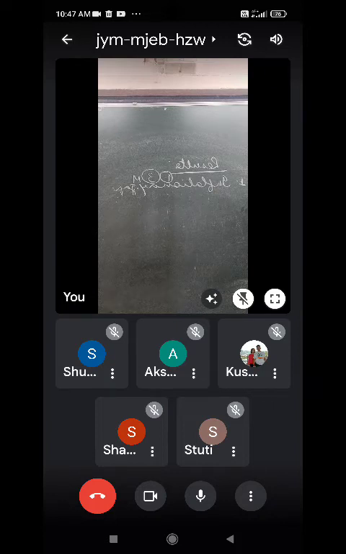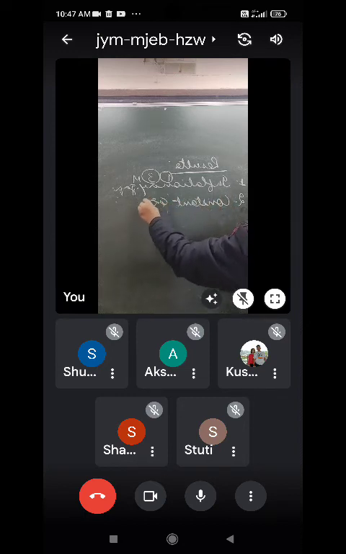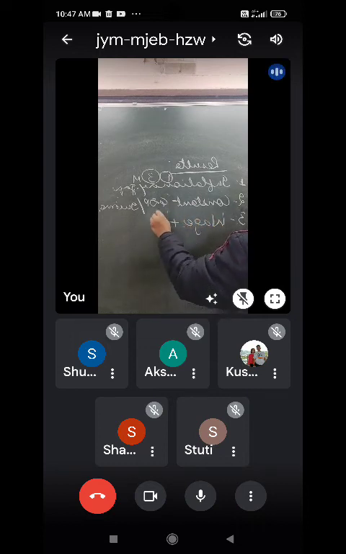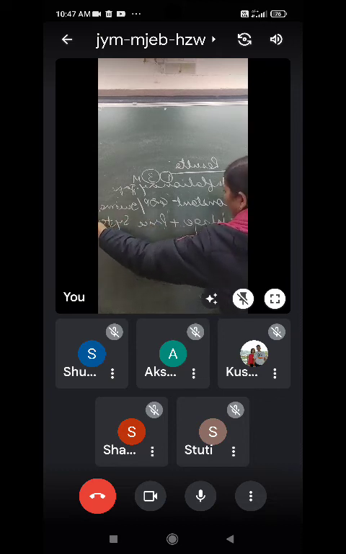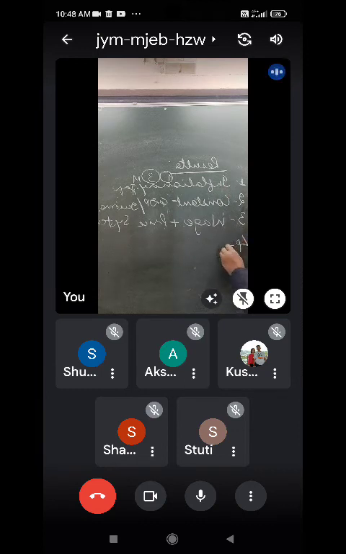Now, second point is constant GDP or income. Then third point is wage and price system. And fourth and the last point is loss of profit.